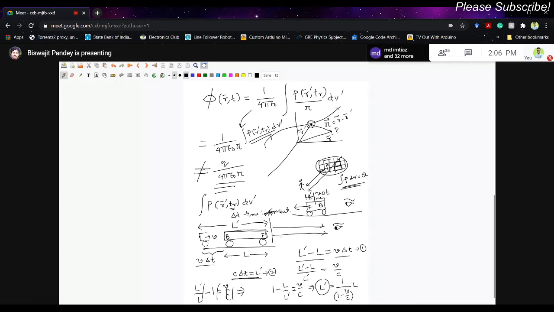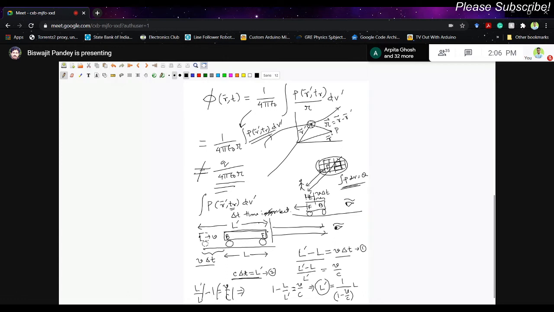Since the length changes by some factor 1 over 1 minus v by c when it is moving towards you, or away from you, it will be either plus or minus depending on the direction of motion of this volume. So this is purely geometrical. I emphasize again that it has nothing to do with special relativity or general relativity, right? This is purely the outcome of the fact that the speed of light is finite, and because of that it takes different time to reach the observer from different parts of the volume.